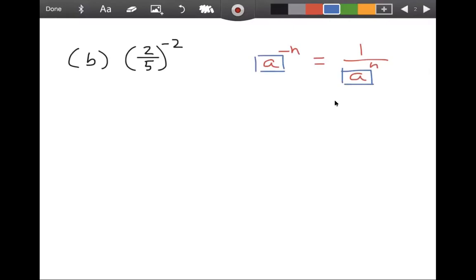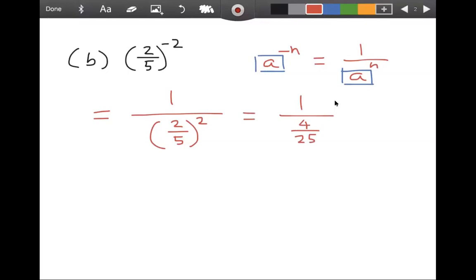So I just want to point out to you that when I go to write this as 1 over a to the n, the 2/5 is still going to be 2/5. The only thing that's going to change is the exponent. It's going to change to a 2. All right, so using exponent rule number, I believe it's 5, the quotient to a power rule, 2/5 squared is 4 over 25.